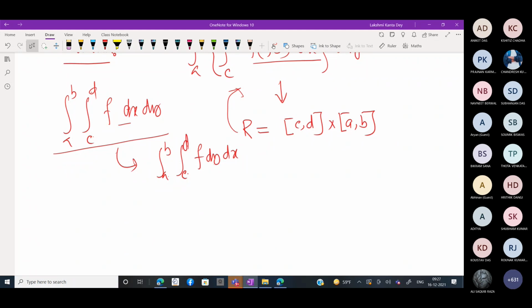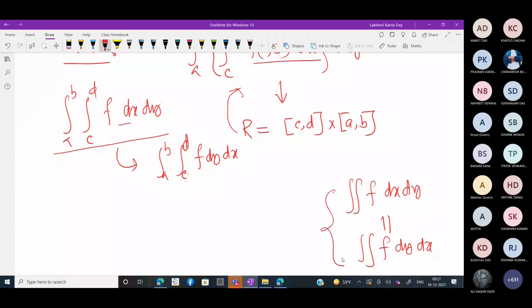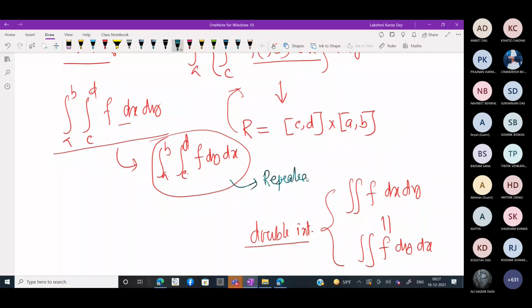So if we write double integration f dx dy, then it is always equal to double integration f dy dx. This is basically double integration, but this thing is a repeated integral, and this is another repeated integral.